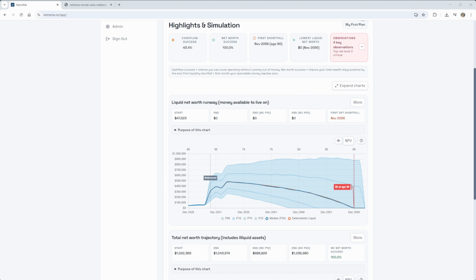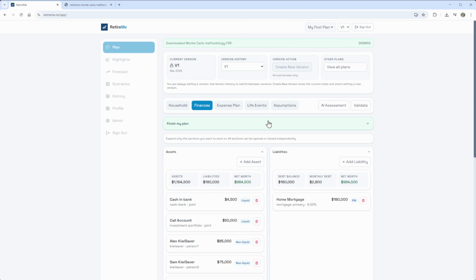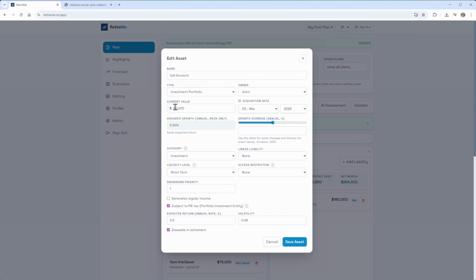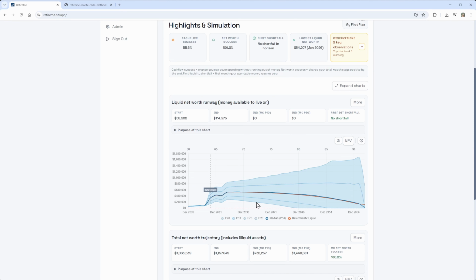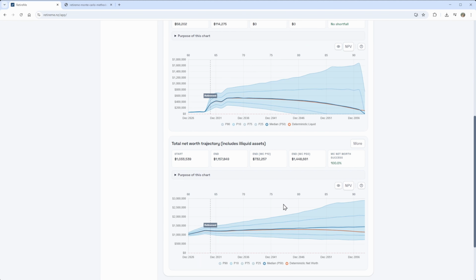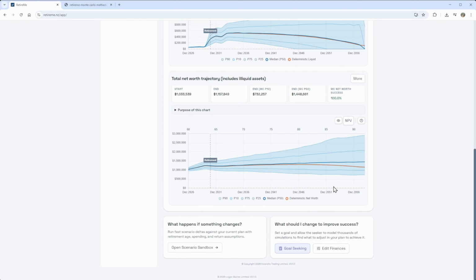So in RetireMe, Monte Carlo simulations run automatically every time you make an adjustment. Doesn't matter what the adjustment is. If I go into my plan and tweak something, like I realize I've got $60,000 in my call account and I'm expecting a slightly higher growth rate, immediately it changes. You can actually see it sliding, and this is doing 1,000 calculations every single time you make a small change.